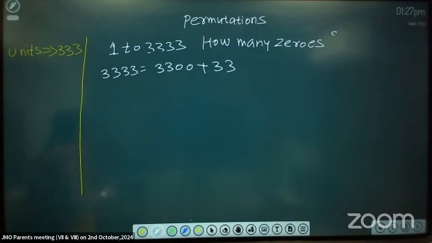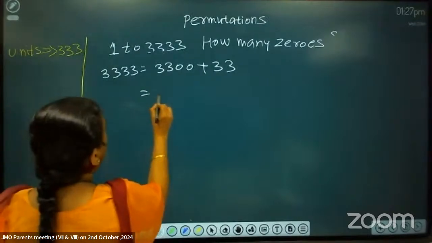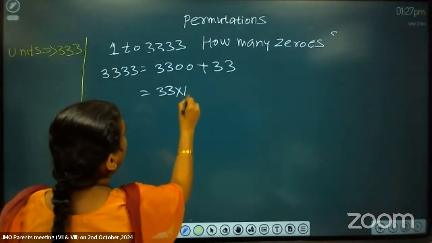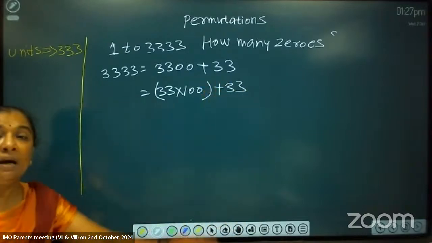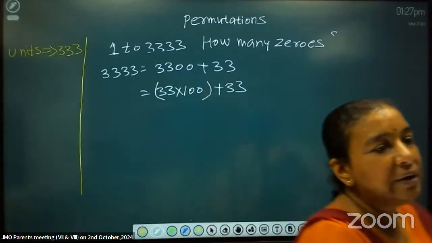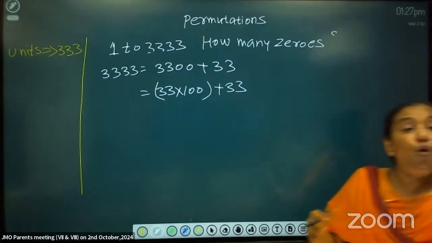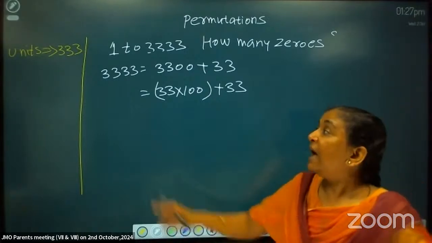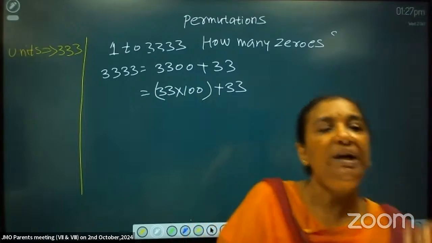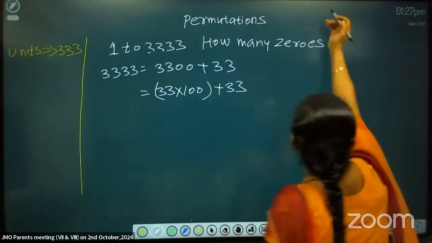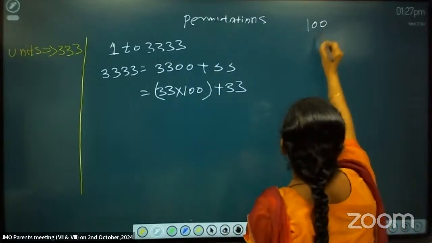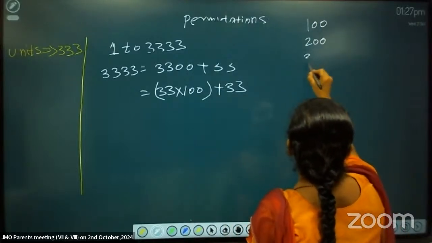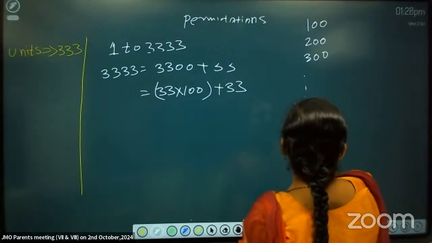So what are we trying to understand here? That it is 33 multiplied by 100 plus 33. Means 100, 200, 300, 400. If I go on writing this way, I will get 3,300. Correct? So I write here 100, 200, 300, like that.